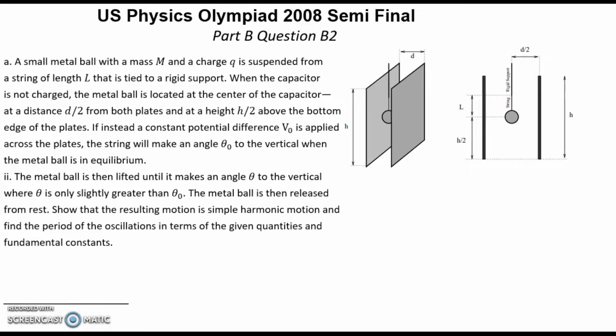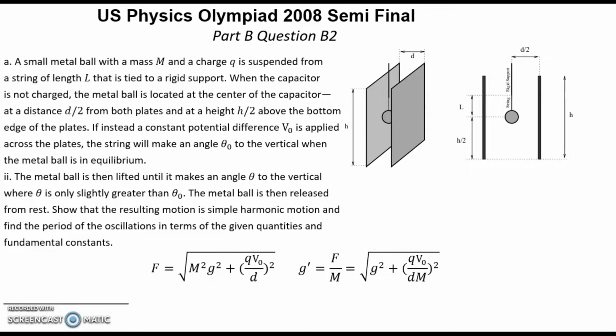The force can be found from this equation. This is just pure geometry because both forces are perpendicular to each other, and the effective gravity acceleration in this case, g prime, equals force divided by mass, which is this expression.